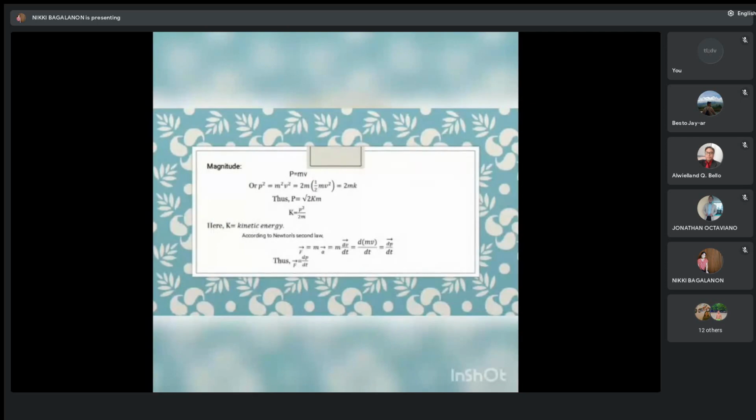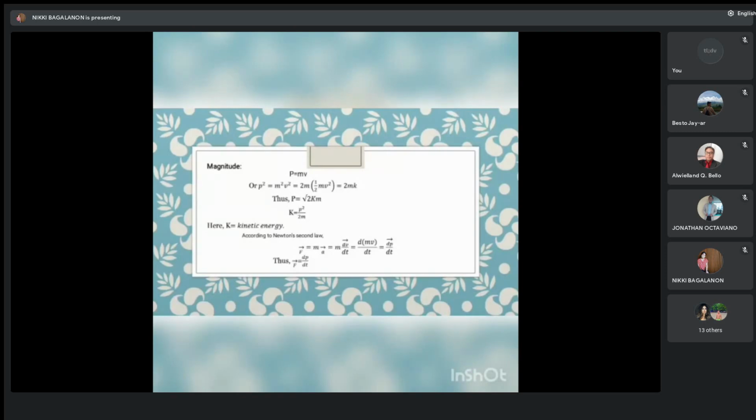According to Newton's second law, F = ma = m dv/dt = d(mv)/dt = dp/dt.